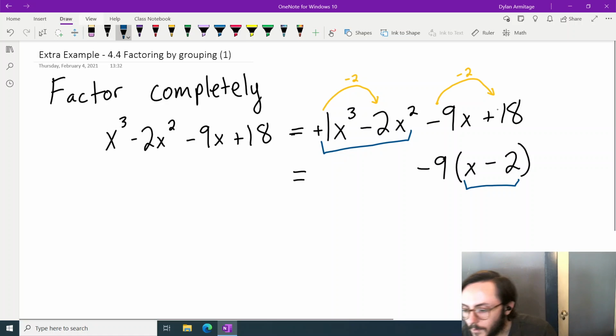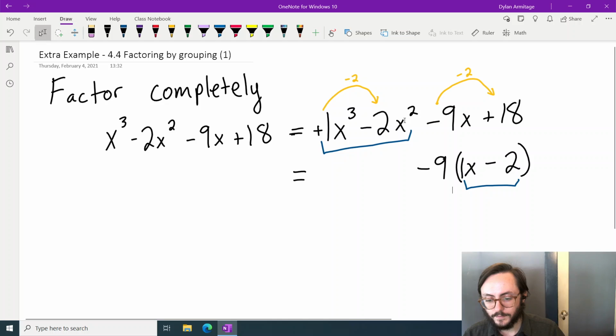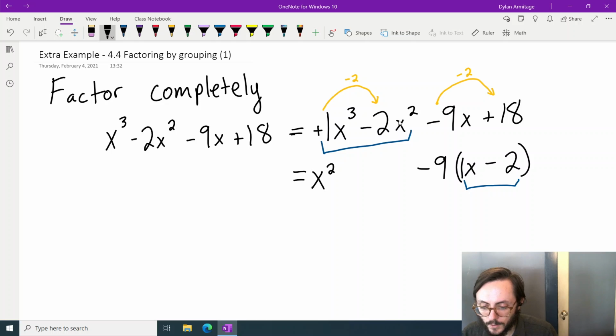Well, we have this positive 1 in front of the x, so 1x minus 2. We have this 1, x to the third minus 2x squared. So why don't we factor out that x squared from both of them. So we have x squared times x minus 2 minus 9 times x minus 2.